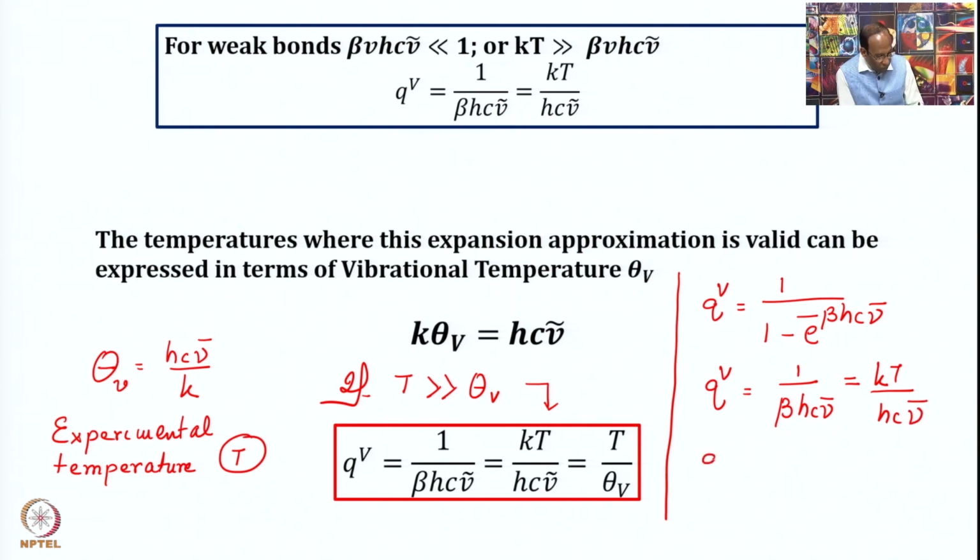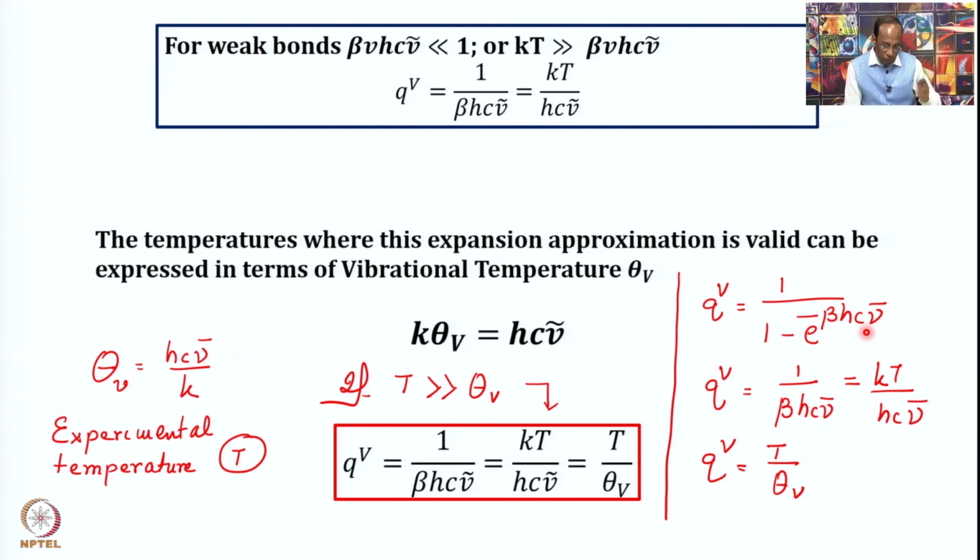Third form, a modified form of this, which is T by theta V. And we have discussed in detail under what conditions to use any of these. The first one can be used at any temperature, at any wave number. The only approximation in deriving this was the harmonic oscillator approximation, that is, the vibrational excitation is not too much.